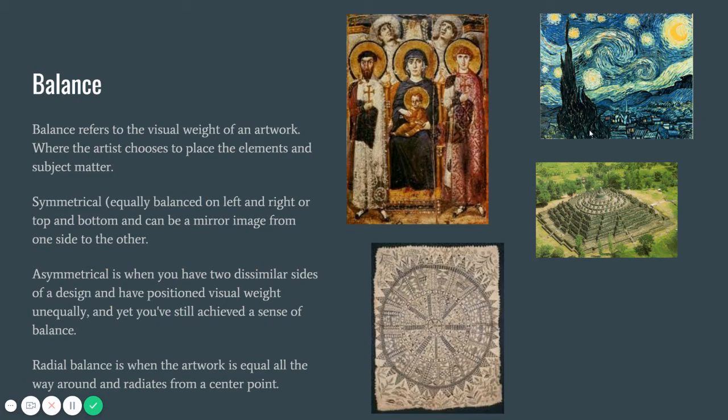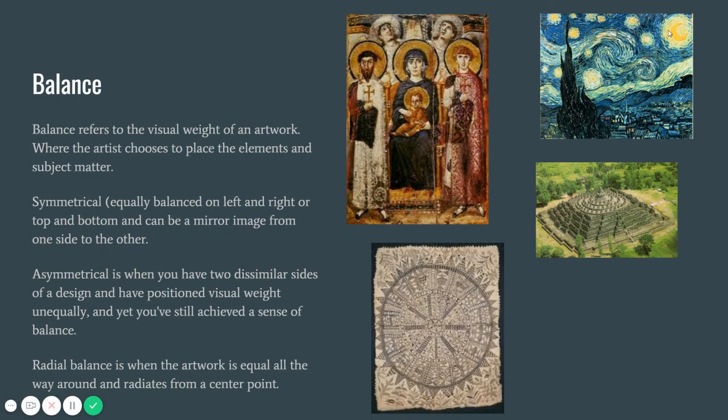And that's because Van Gogh has balanced it by putting multiple smaller subject matters on this side, along with a very brightly contrasted yellow circular moon.